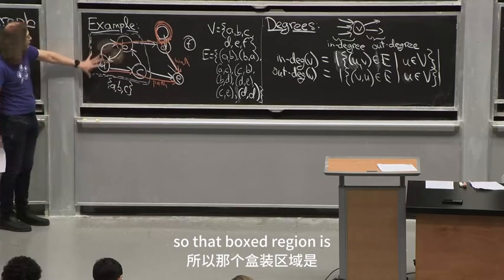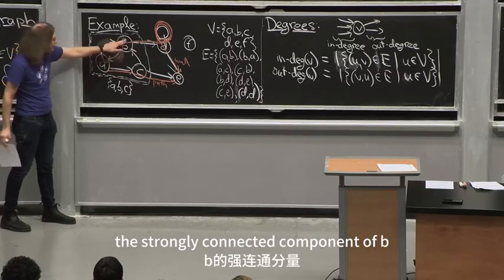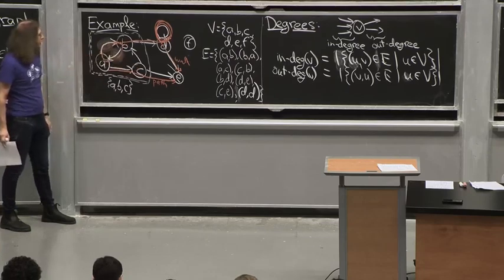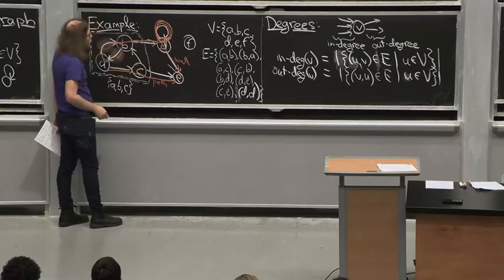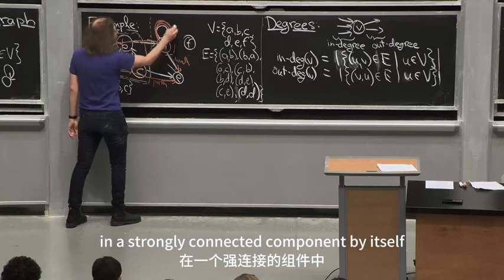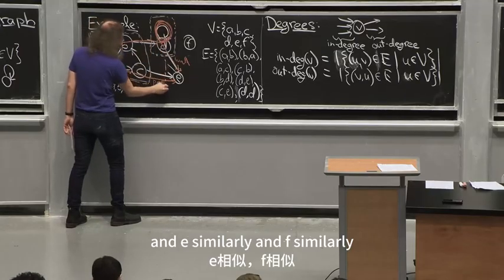So that boxed region is the strongly connected component of A. It's also the strongly connected component of B and of C. What's the strongly connected component of D? Just D. So this is in a strongly connected component by itself. And E similarly, and F similarly.